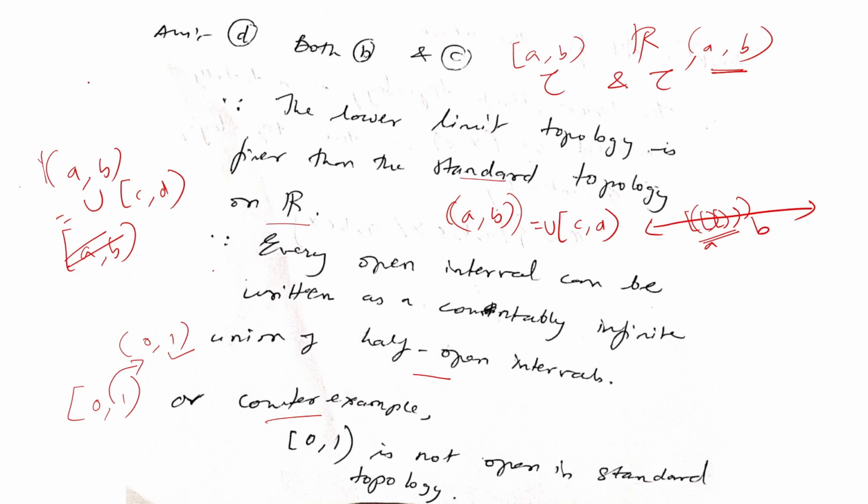If you are taking any element P from G, then from the basis you should get B such that P belongs to that B and B is a subset of our G, right? So first of all, take these semi-open intervals. For any element P, if you are taking it from R, you will get such a B that will be a subset of our G.